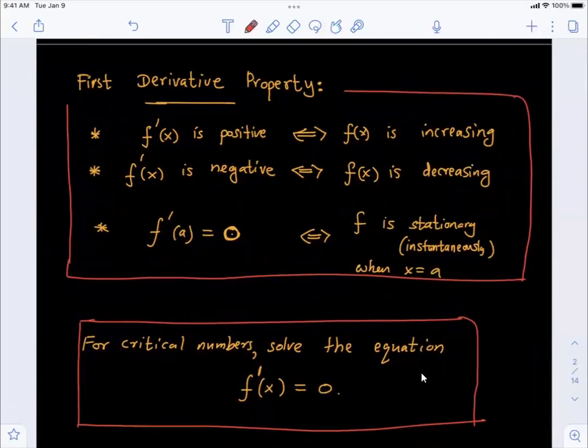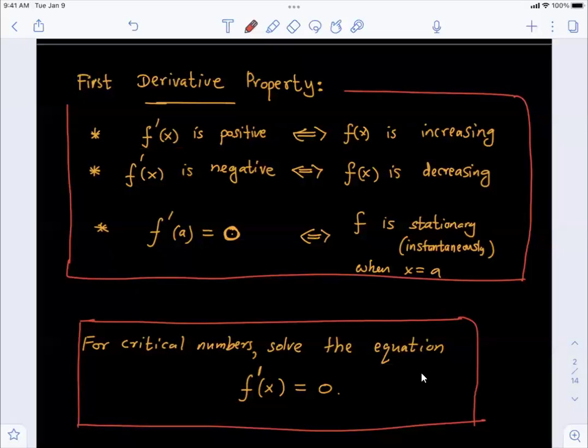First of all, this is something that you do not need to take notes on as long as you directly feed it to your brain. All you need to understand is the meaning of the first derivative. This is already known, right? The first derivative tells us the slope.